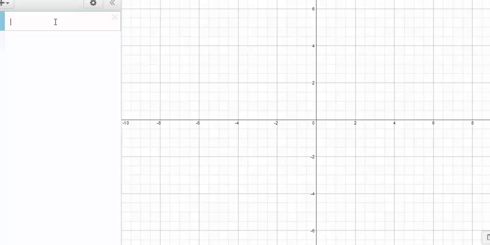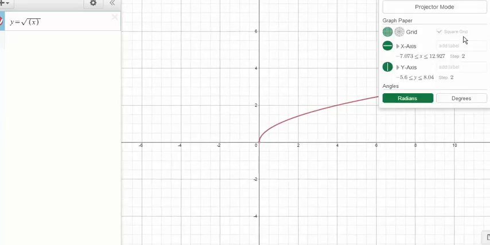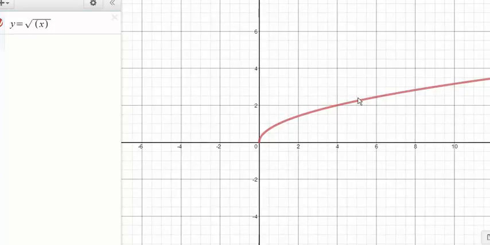So we've got the original equation y is equal to the square root of x. That's that guy right there. And at 2 we want the tangent line, so let's go ahead and put our equation of our tangent line in there.